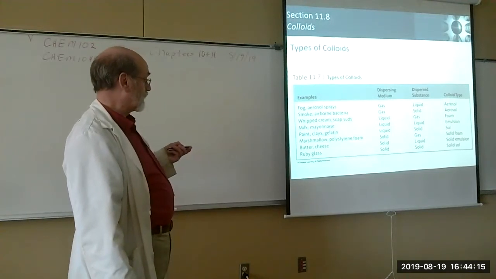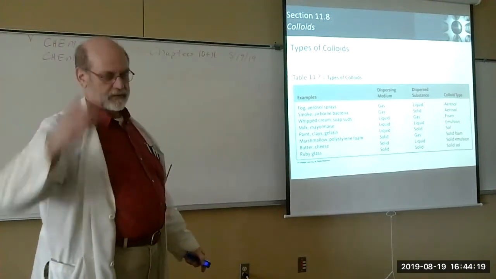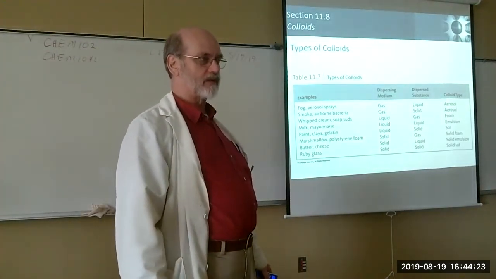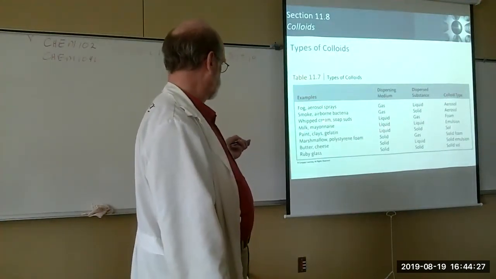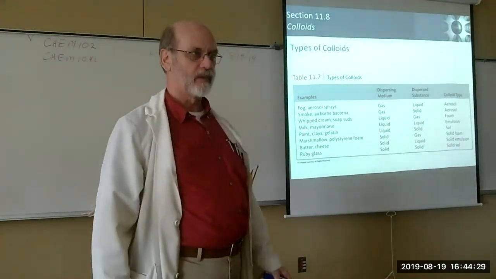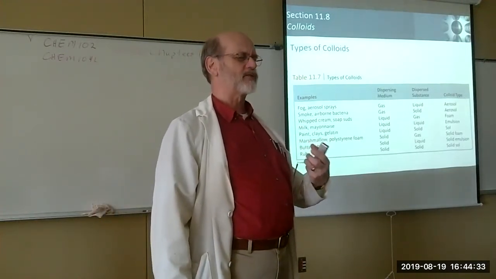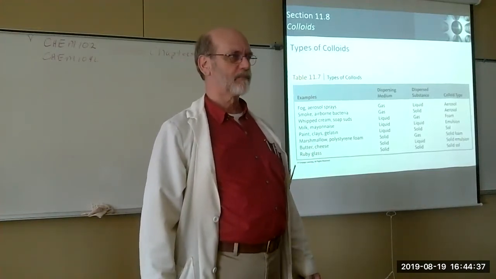If we have a liquid in a liquid, we call that an emulsion. So if you are able to reduce the particle size in your salad dressing far enough, you could end up with an emulsion. Mayonnaise is a better example. Milk, not pasteurized, homogenized milk. You know how they homogenize milk?